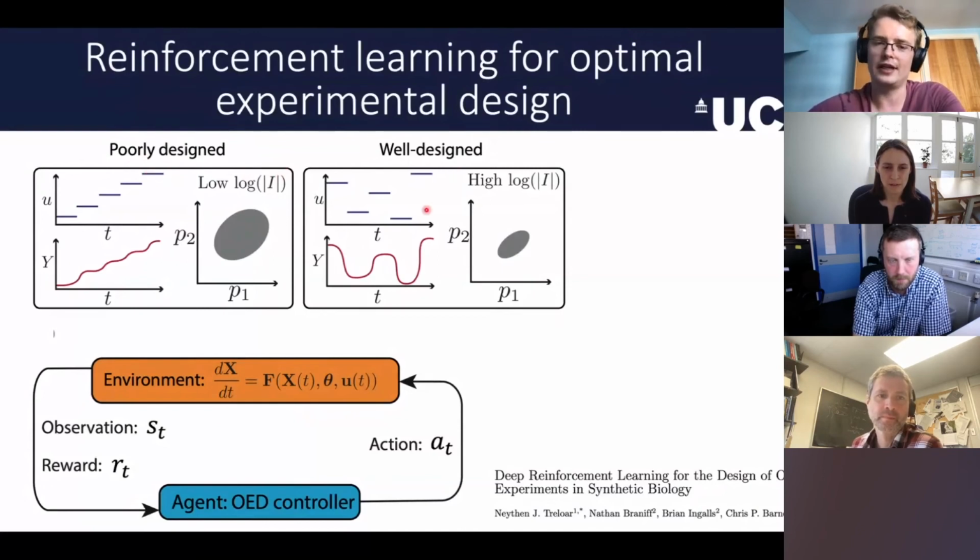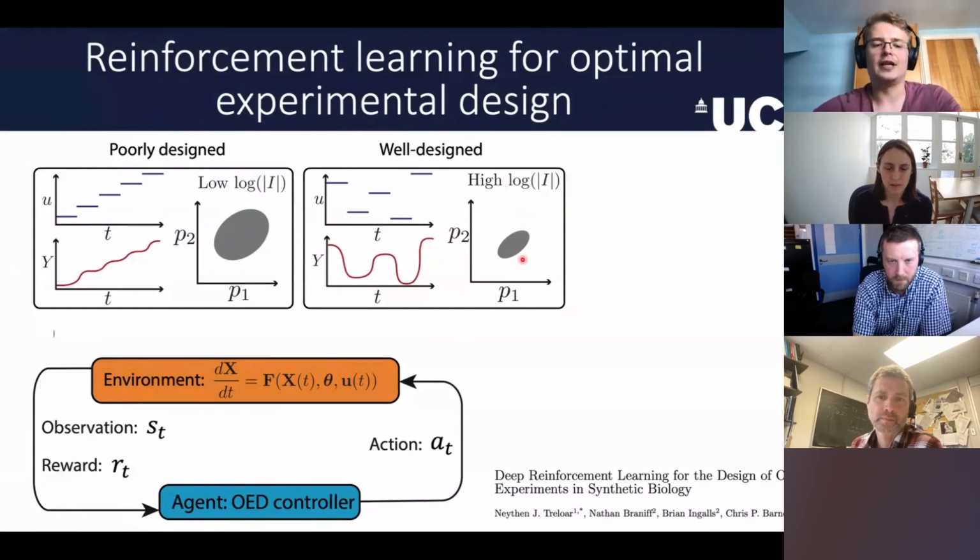These are just hypothetical examples, just to illustrate it. There's a metric called the Fisher information, and an experiment that gives you low Fisher information will lead to high uncertainty in the resulting parameter estimates, whereas an experiment that gives you high Fisher information will result in lower uncertainty.